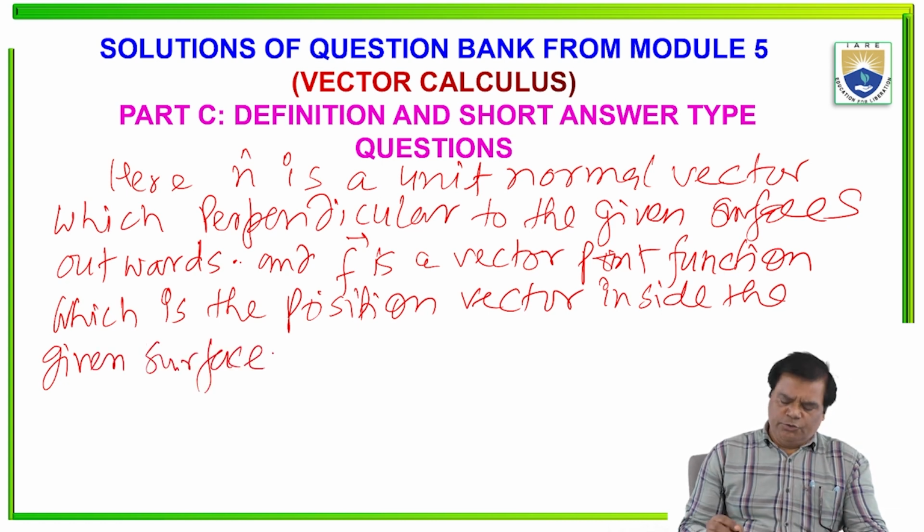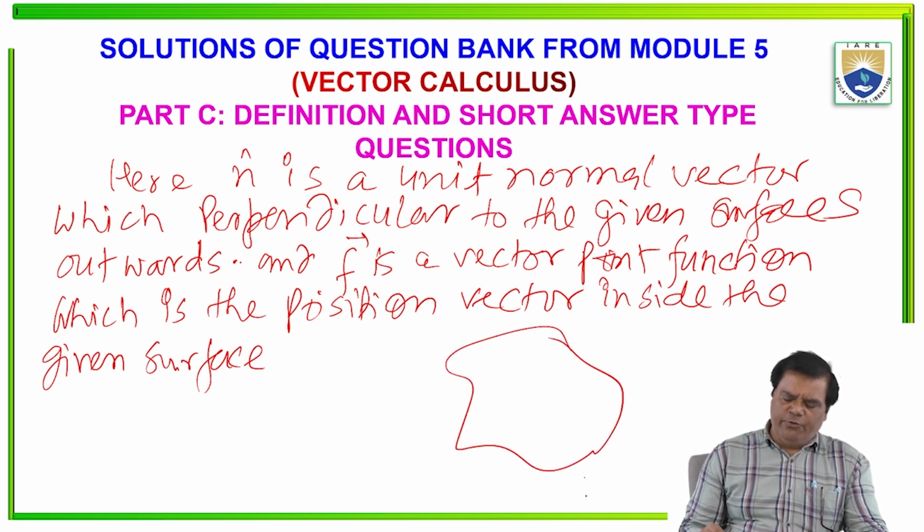Now here this is the volume V. Here I am writing any point P. This is the small volume dV, and here is the surface.